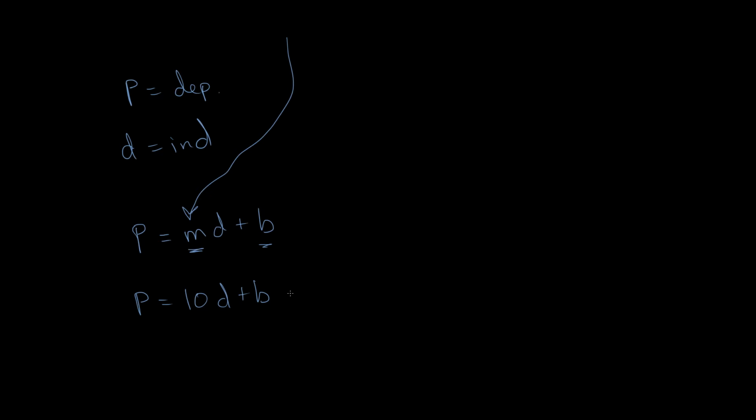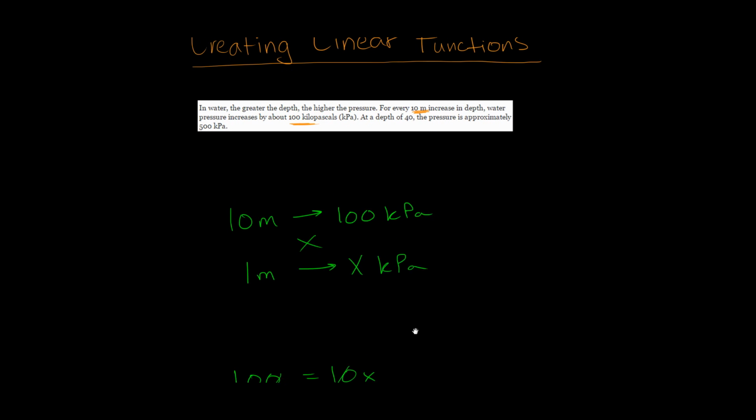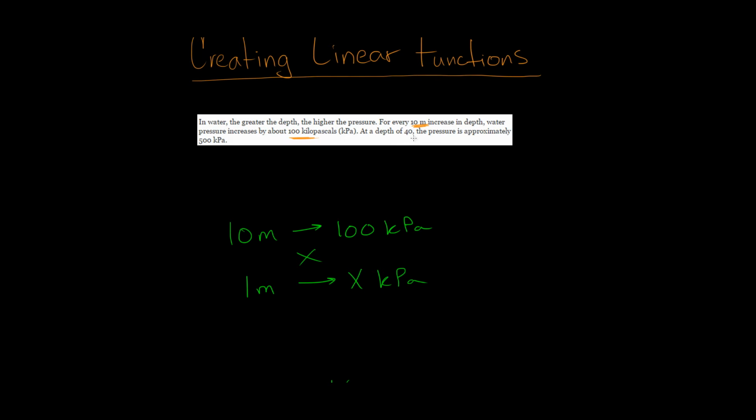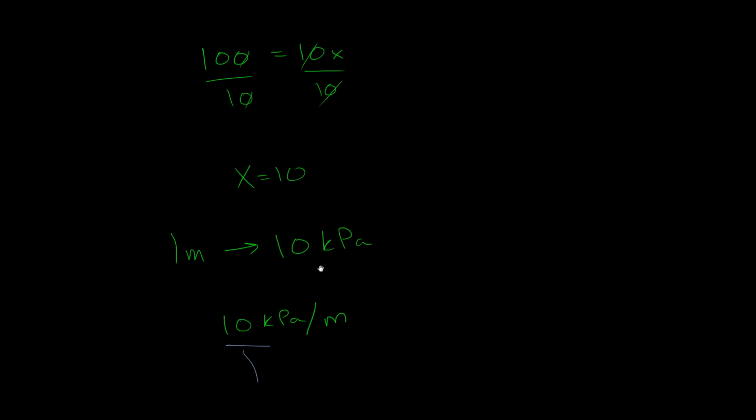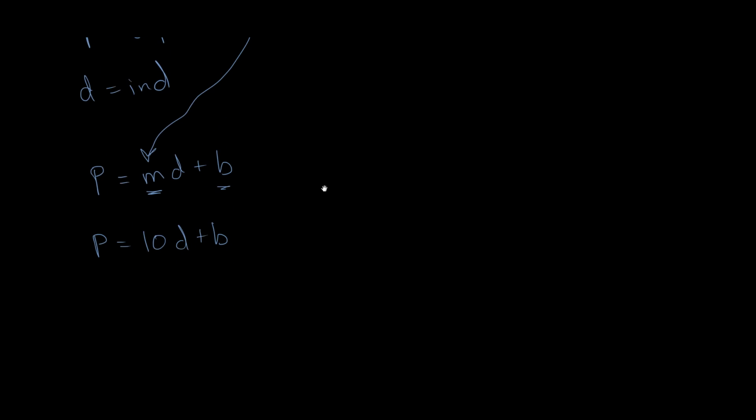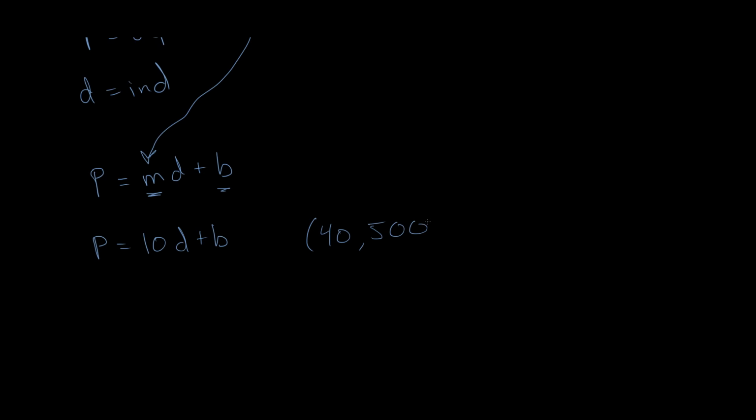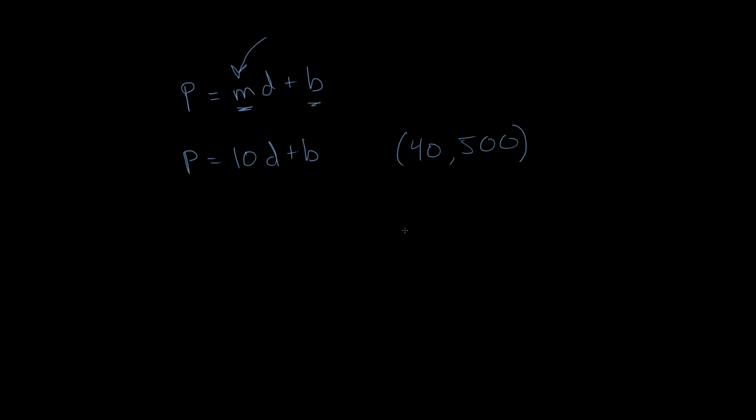plus b. Now, to find b, we have to be given a point. And if we look, we actually already are given a point. We're told at a depth of 40, the pressure is 500. So we have the point already handed to us, 40, 500. Now, there's a few ways you can solve this by plugging this in. I'll show you both of them.